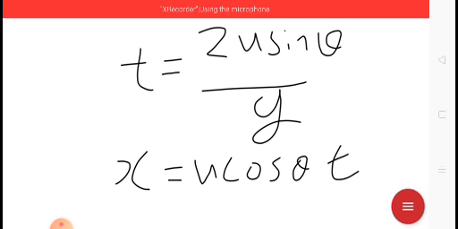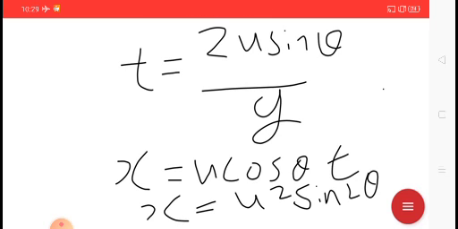If you want to find the horizontal distance traveled at the center point, you just put the t as u sine theta over g. So it depends on the situation. For this, the range will be equal to u squared sine 2 theta over g, right? So these are the things that you have derived before.